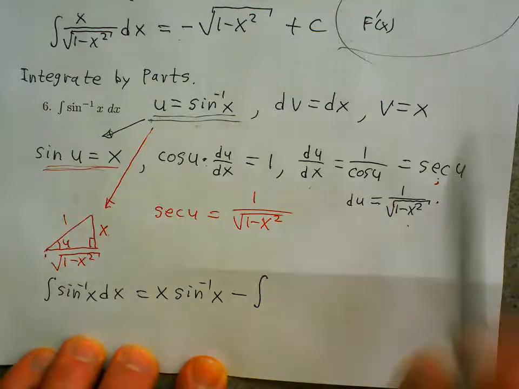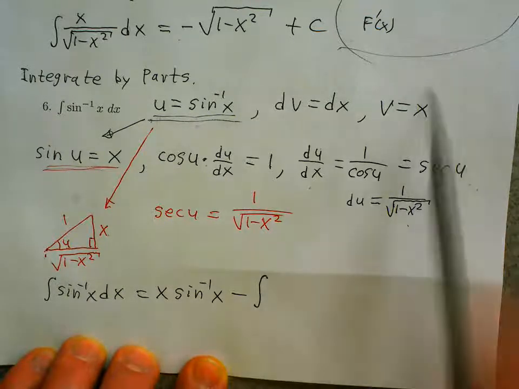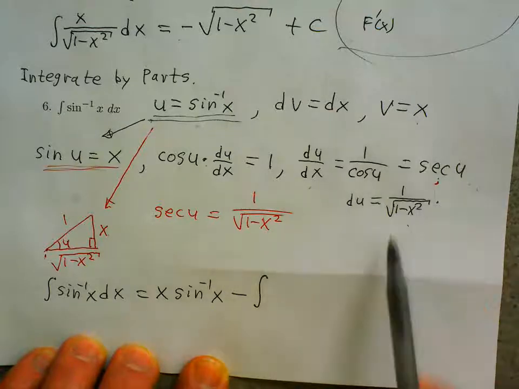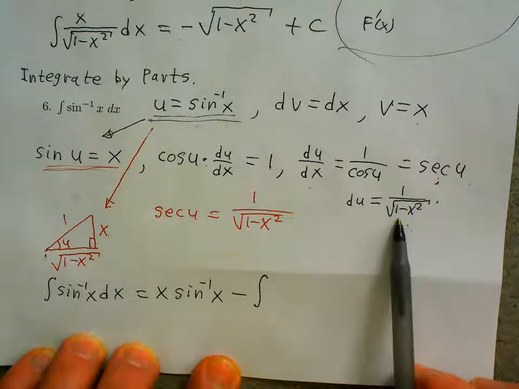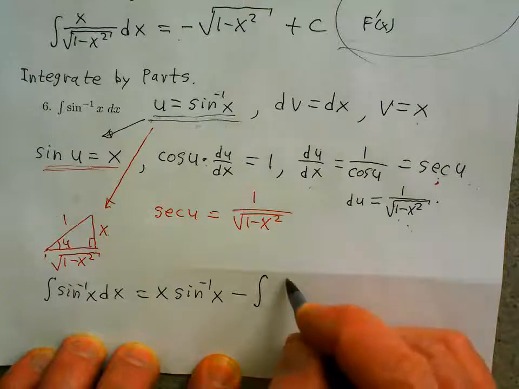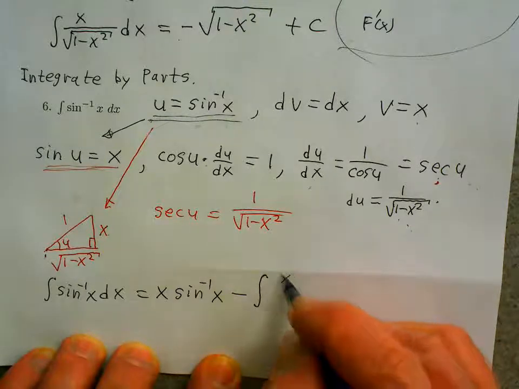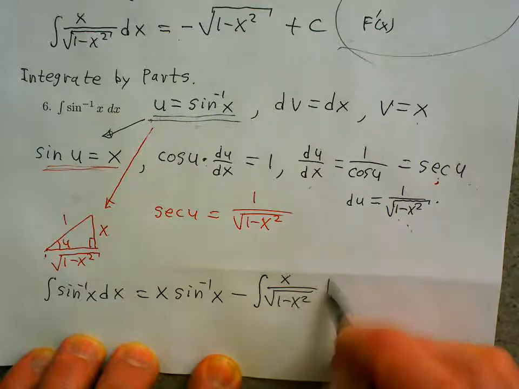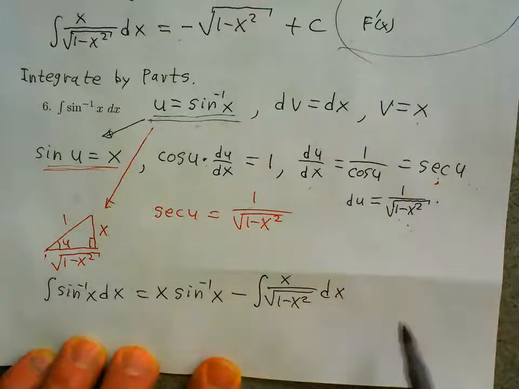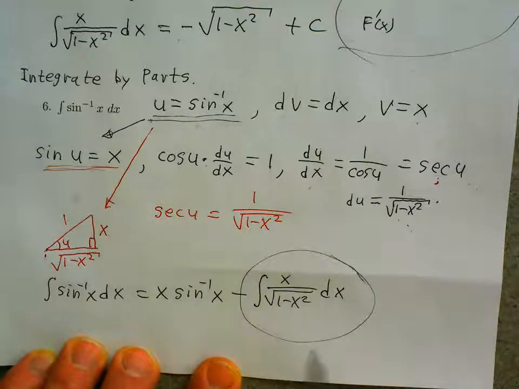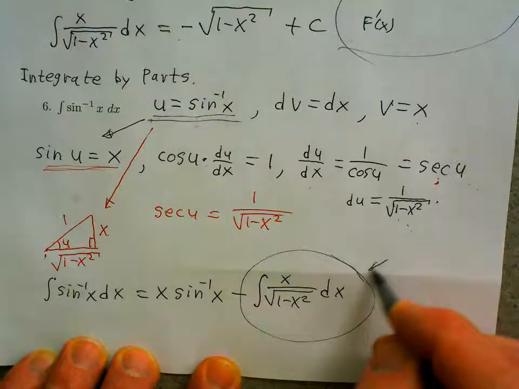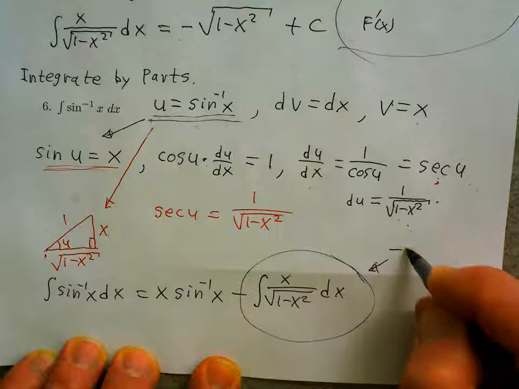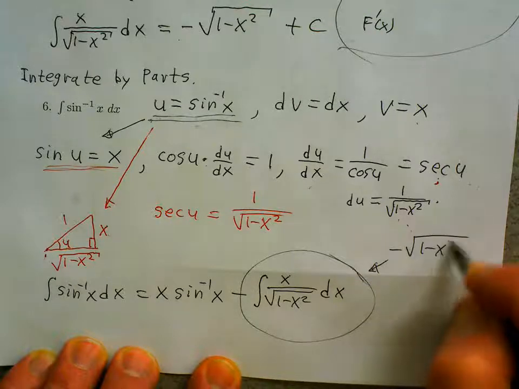So this is the integral of v du. So v is x and du is 1 over the square root of 1 minus x squared. So this is minus the indefinite integral of x over the square root of 1 minus x squared dx. Okay, this is the same indefinite integral that we computed up there. So this part is just negative square root of 1 minus x squared.